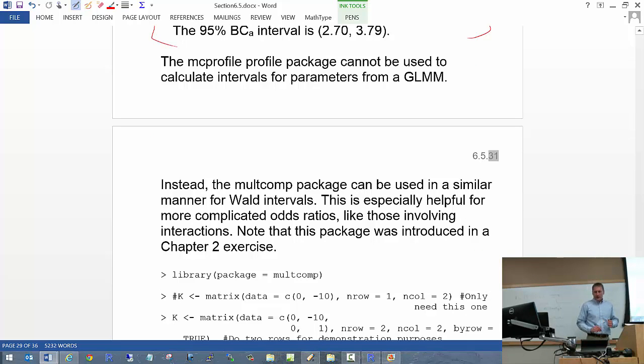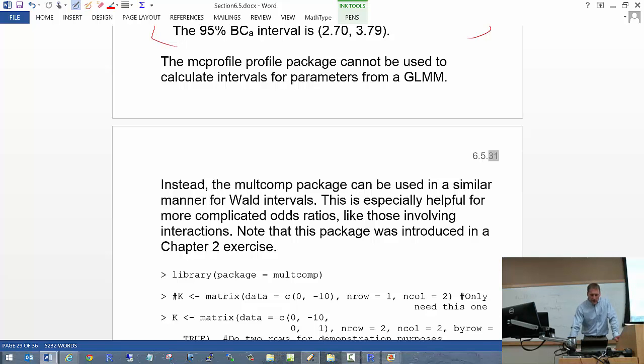Well, what about, let's say, I have a lot of confidence intervals that I want to find, or I have some confidence intervals for odds ratios that involve interaction terms or quadratic effects? In those cases, it gets a little bit more complicated, and what we would do in that situation is use the mcprofile package. Unfortunately, mcprofile doesn't work with these generalized linear mixed models.